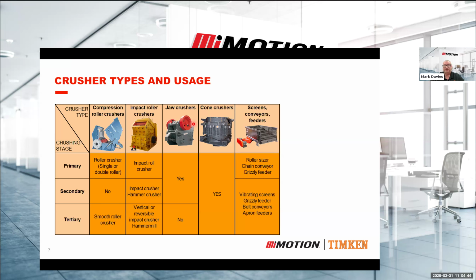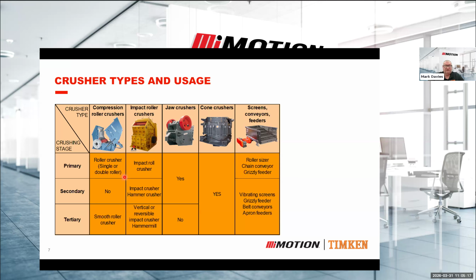Tertiary crushers are then designed specifically for getting a very even and consistent size, if that is needed in the finished product of that quarry. Some types of crushers can be used for all three stages, as in cone crushers, but jaw crushers are only ever used for the primary and secondary stages.